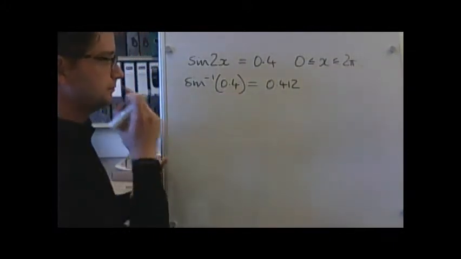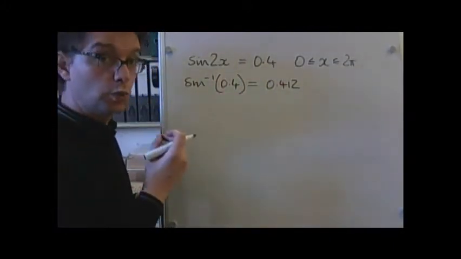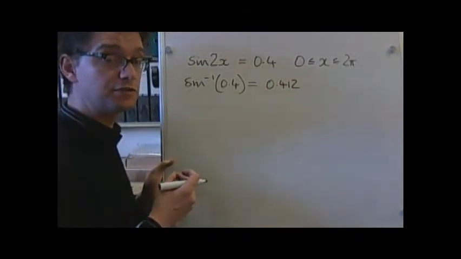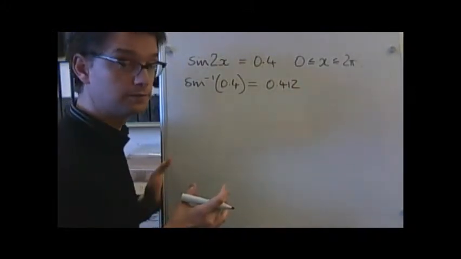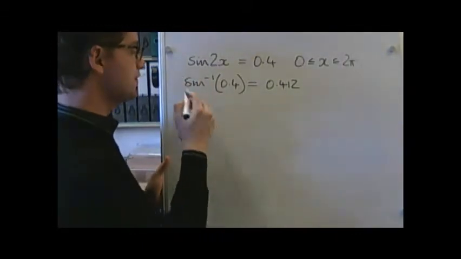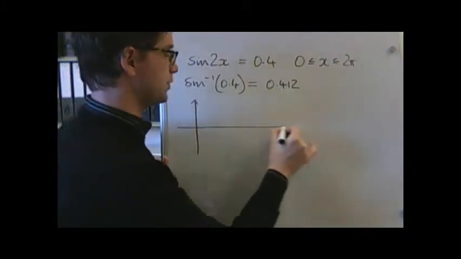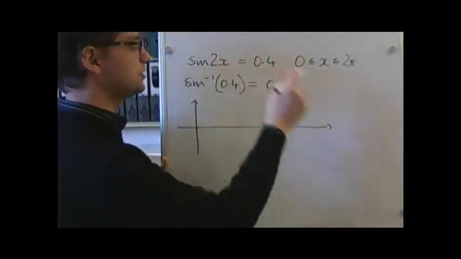And what do I do now? What I do now is I don't do anything different to what I did before. I still start with the ordinary sine curve, even though this question is about sine 2x.